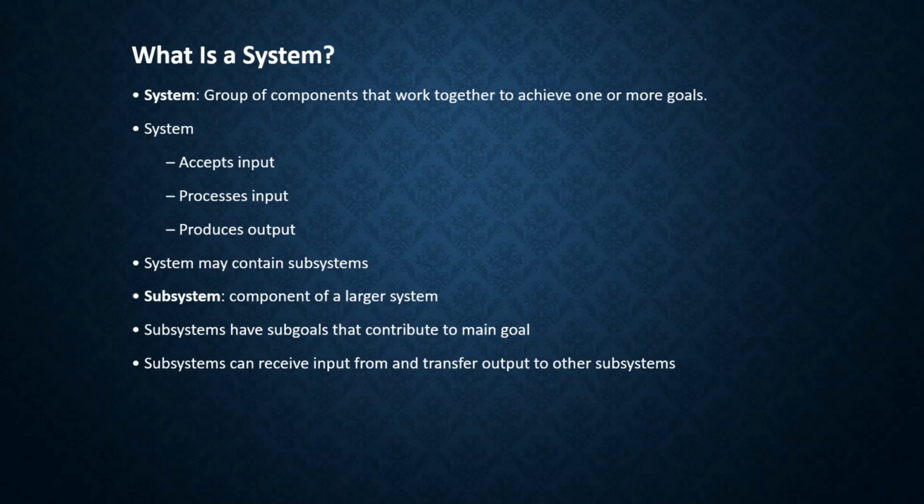That means if one system has many subsystems, then there will be a flow of data, energy or materials from one subsystem to other subsystems.